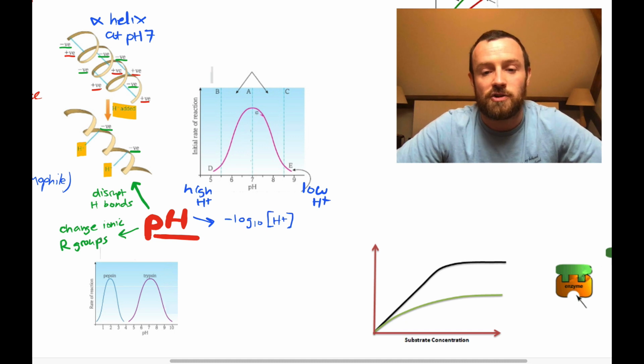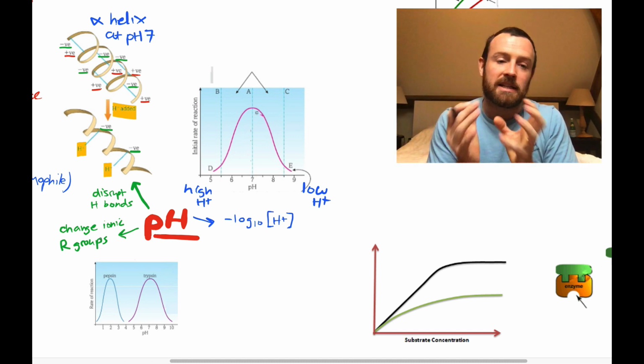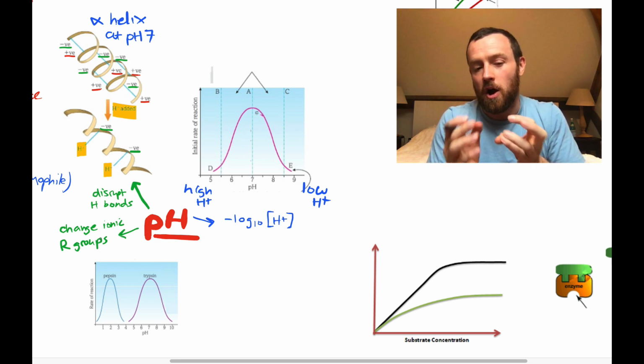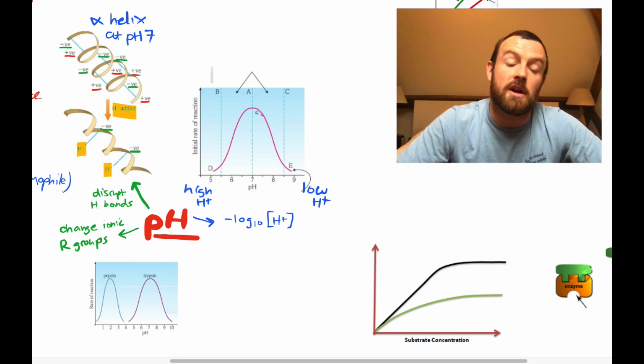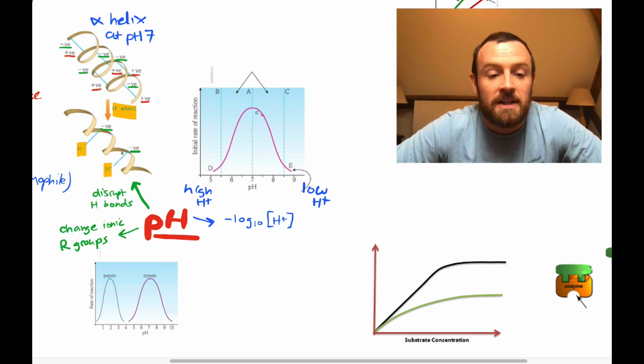Also, you can have hydrogen ions clustering around negatively charged ionic R groups. That's another version of what we can see here, a version of clustering. So basically that's going to disrupt the structure.